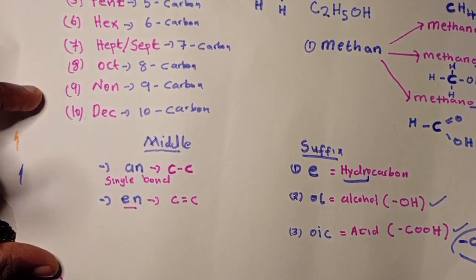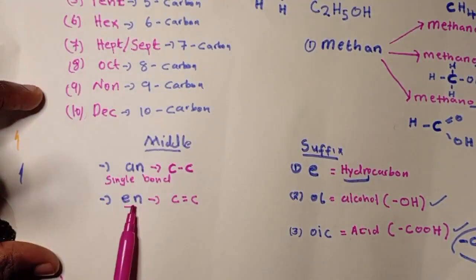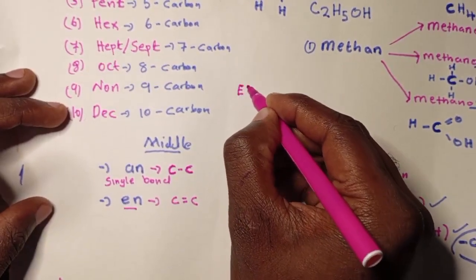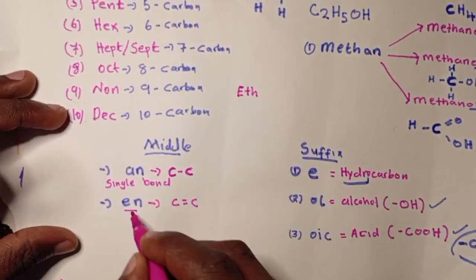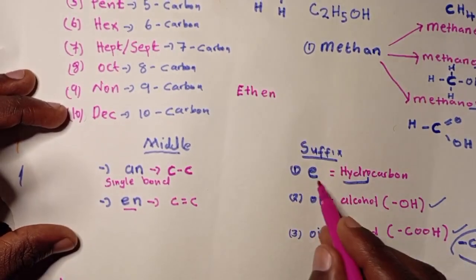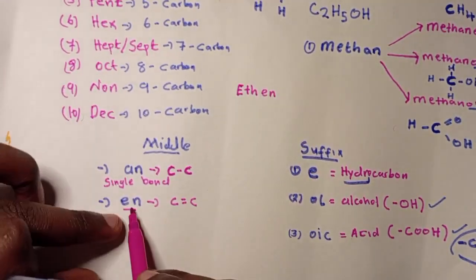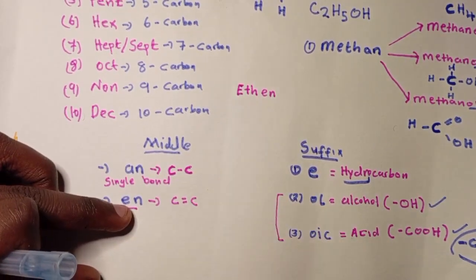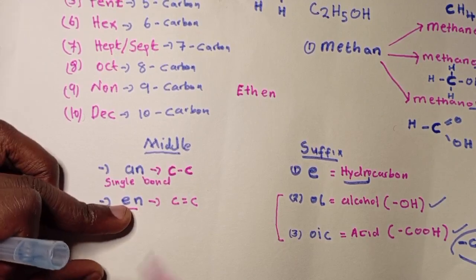So when you use en, you can never use these two. These are just some of the rules that you can pick up here.